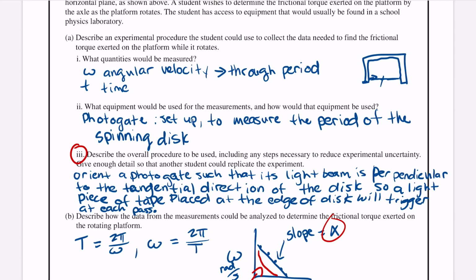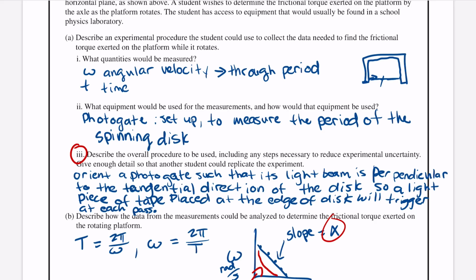The way that we are going to earn our point for minimizing experimental uncertainty is, well, there's lots of ways, really. You just have to consider your procedure and just make a statement about how you're going to ensure that there is no room for error. For example, we're mounting our photo gate in an interesting orientation. You can make a statement suggesting that you are going to ensure rigid and stable mounting of your photo gate so as to not corrupt any of the data.